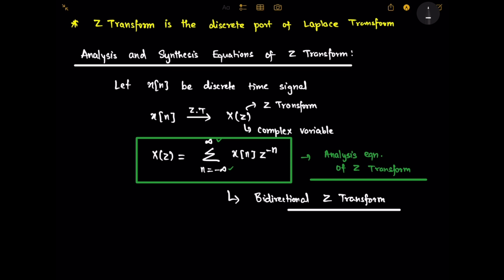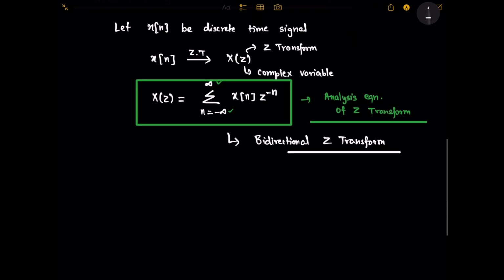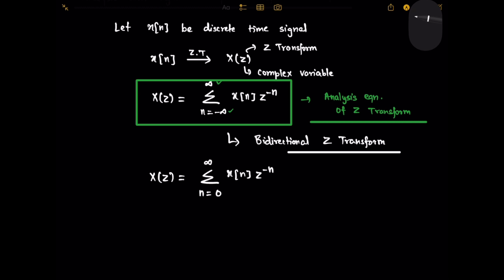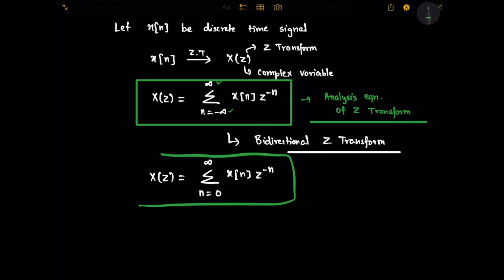If we want to talk about the unidirectional Z transform, then it becomes X of z equals the summation over n from 0 to infinity of x of n z to the power minus n. This is the unidirectional Z transform.